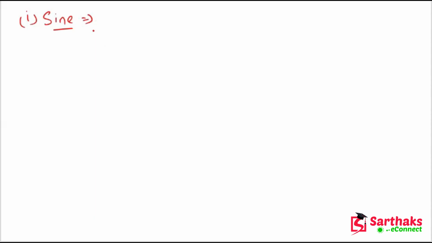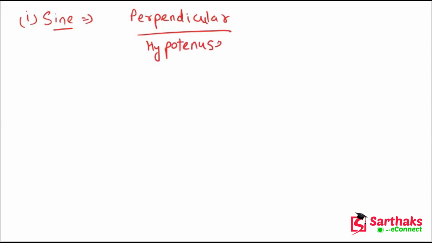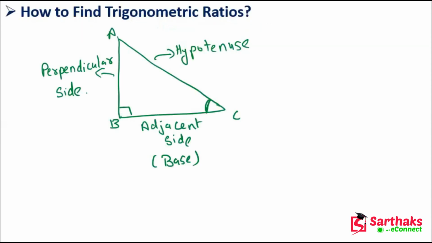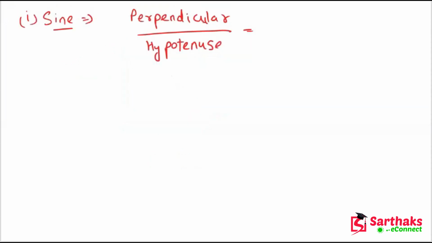Means it is the ratio of perpendicular to hypotenuse. What is our perpendicular? If you see in this figure, the perpendicular is AB and the hypotenuse is AC. So we can say directly sine is AB upon AC.